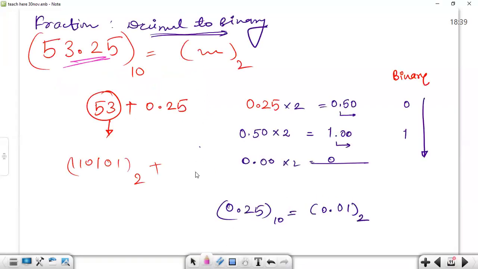Oh, I have forgotten to write the answer here. So 53.25 in decimal number system is represented as this. This was for 53, and plus 0.01, and we'll write 0.01. So this is our binary answer.